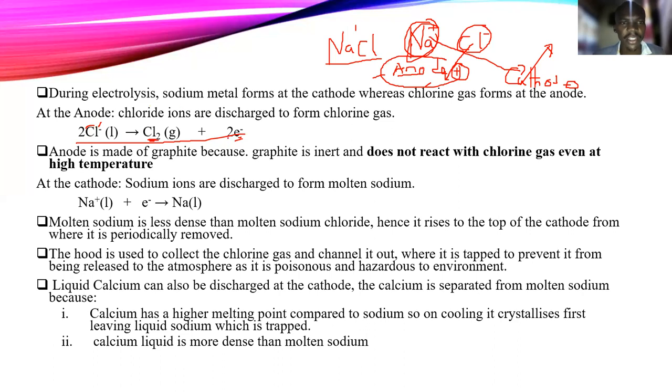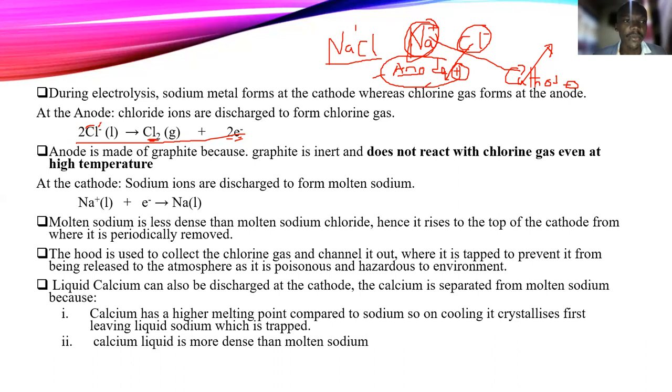So that is why we write 2 electrons. We write 2 here in balancing the equation. I hope you have seen where this 2 comes from, you don't just write this 2 and not know where it comes from. So 2 comes from the two electrons which have been lost by 2 chloride ions to form chlorine gas. Very important.